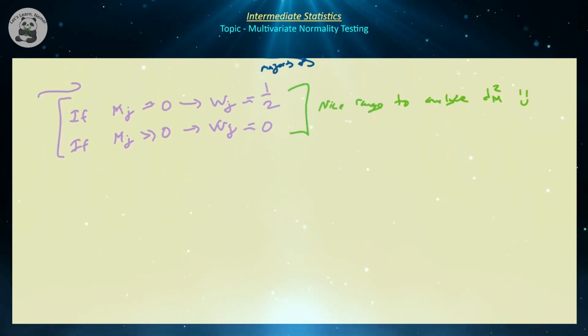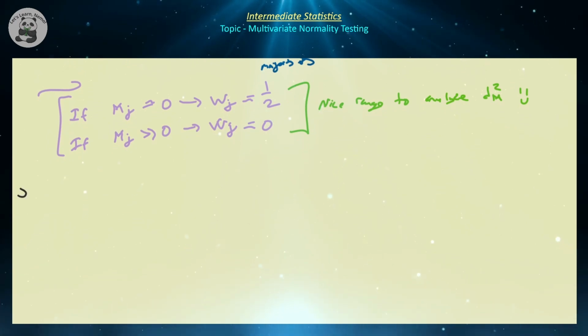Once you have your weighted Mahalanobis distances, the third step is to calculate your Hanze-Zirkler test statistic.